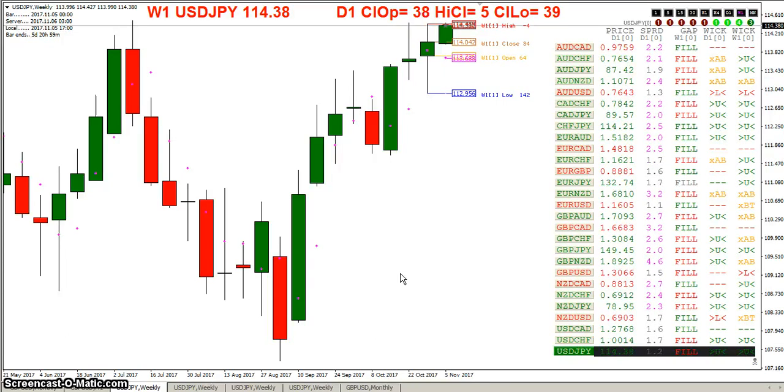So if you fade the gap, in other words, you trade towards the open price, usually you can pick up a few pips. For example, today, the closing price of Friday was 114.04, and today's open price was 113.996.